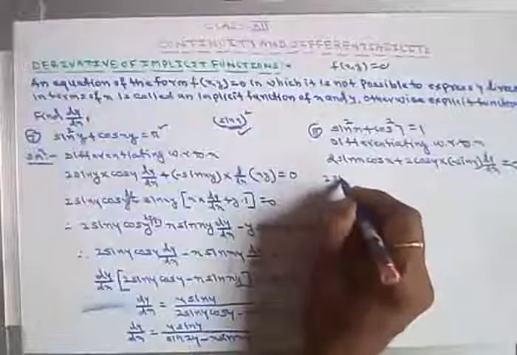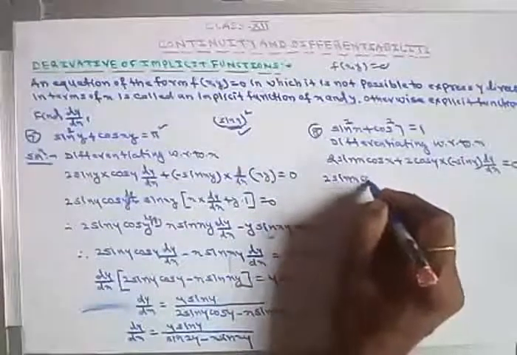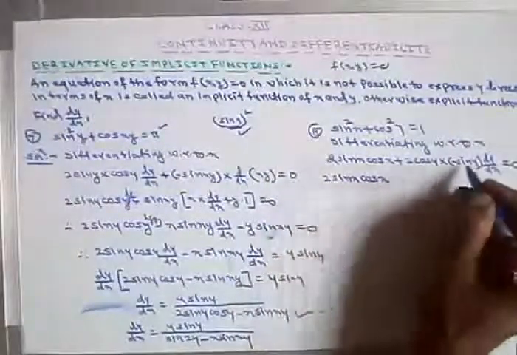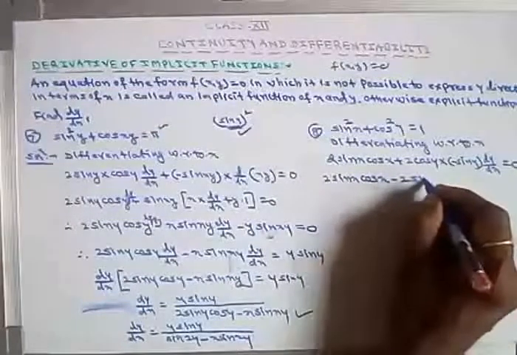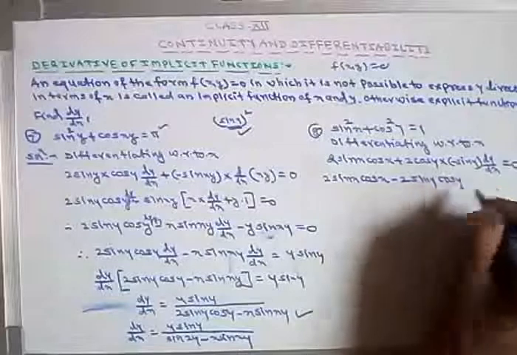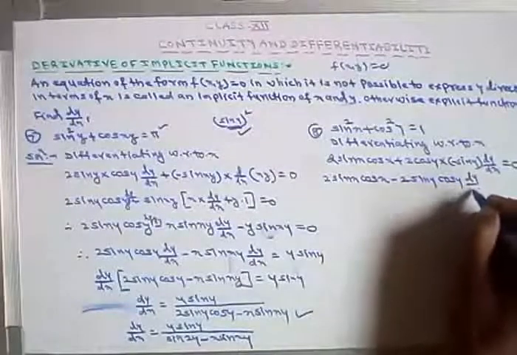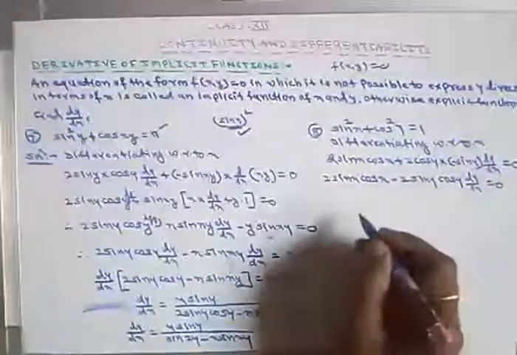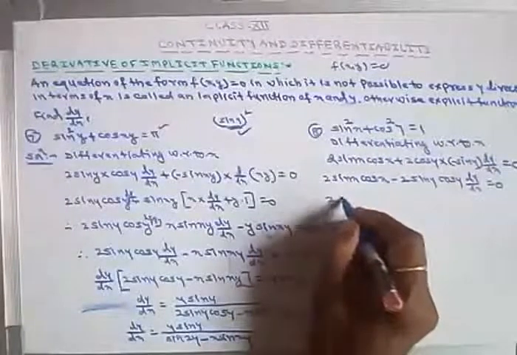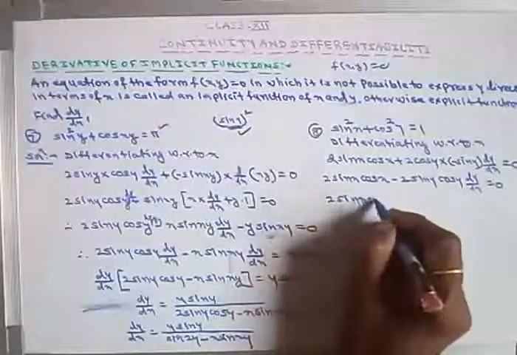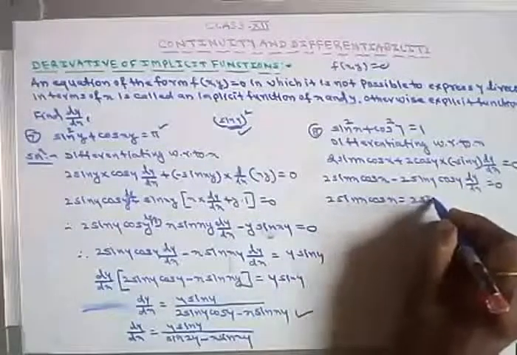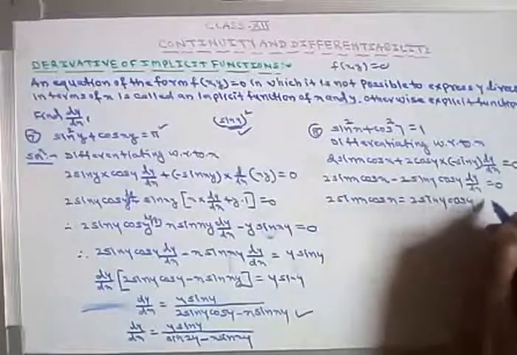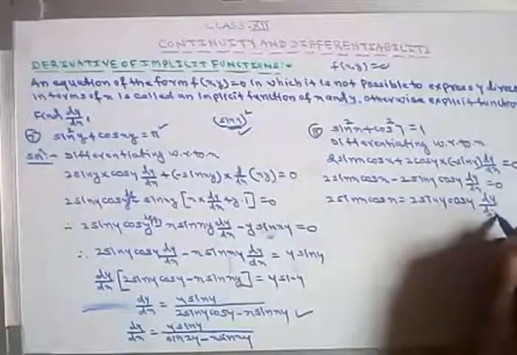So twice sin x cos x, this is minus twice sin y cos y dy by dx equal to 0. Okay, so I am writing this twice sin x cos x equal to twice sin y cos y dy by dx.